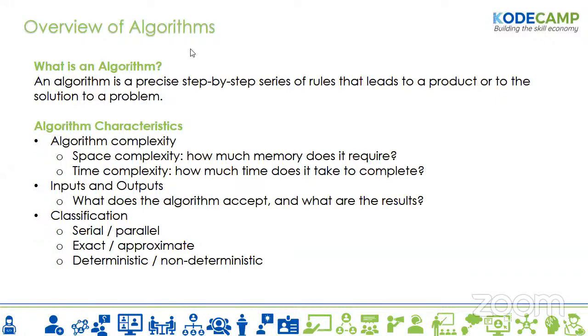If you provide a particular set of inputs, then the result will always be the same. That is deterministic. And when you have non-deterministic, your result will not always be the same. You're not getting the same result.